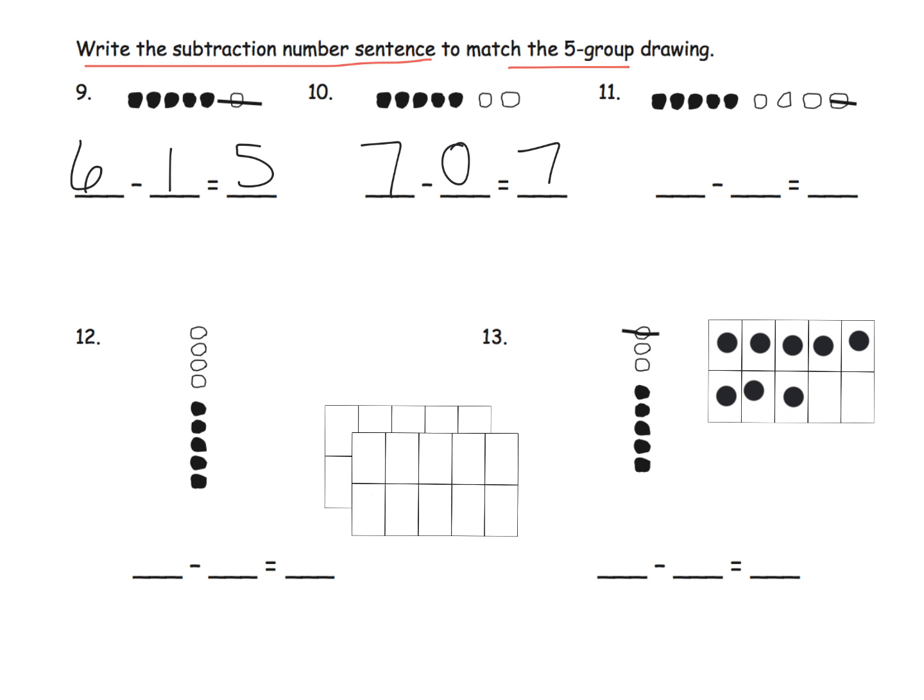So there's our 8 dots, and we can see that we're crossing off 1, so that would just cross off this 1 right here, and that gives us 7 left over. And so our number sentence would be 8 minus 1 equals 7. So you as the teacher get to choose. Do you want to use these 5 grouping beads representation or the 10 frame?